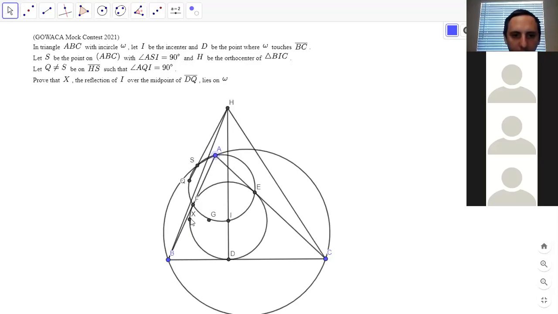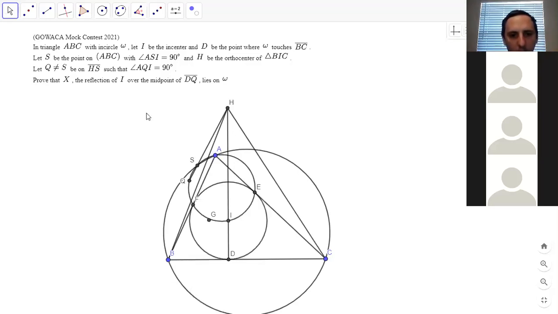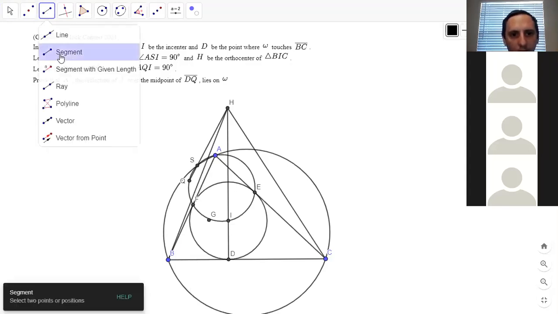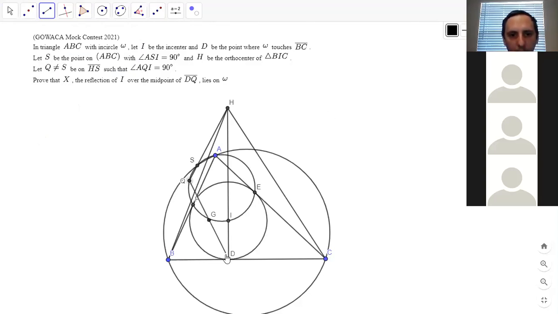So yeah, I'll delete point X for now just because we don't know. But it basically says, so G is the midpoint of QD. So if you find the point X which makes this a parallelogram, then X lies on the incircle. So what we could do is draw the parallel through Q to HD.